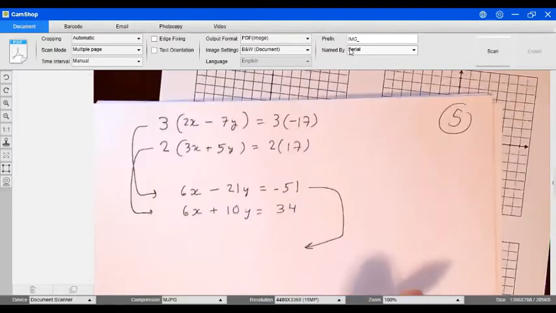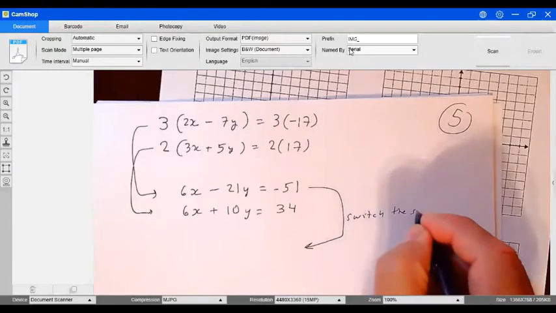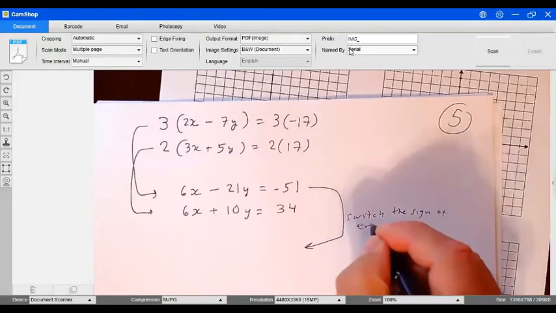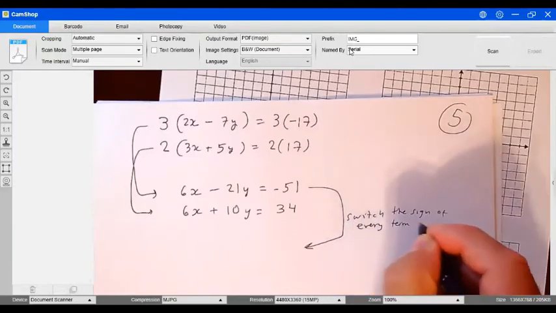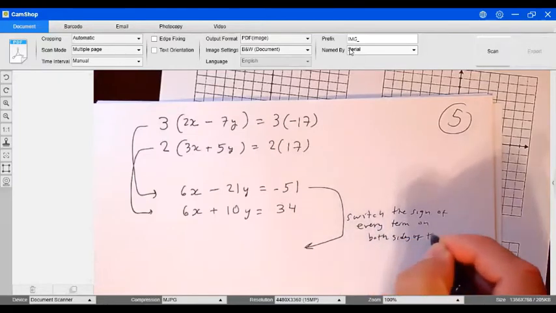So I'm going to switch the sign of every term on both sides of the equation.